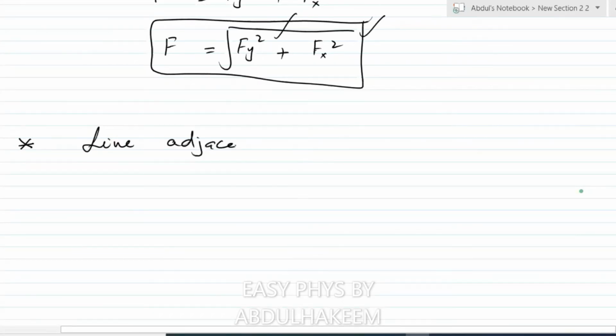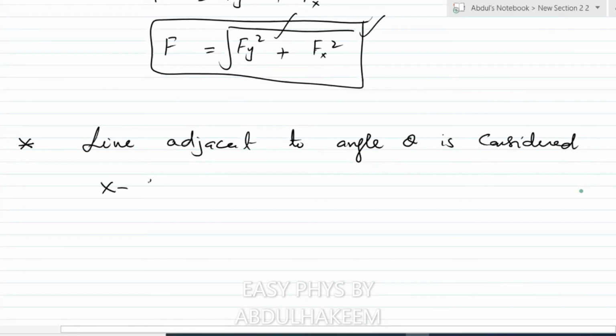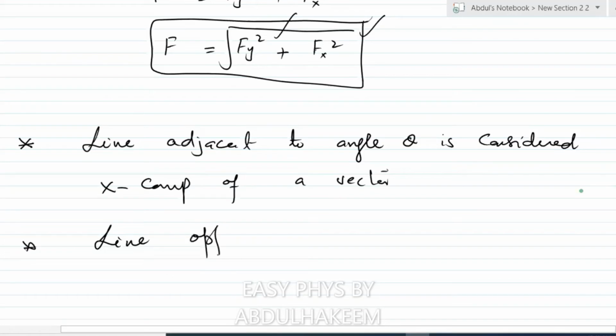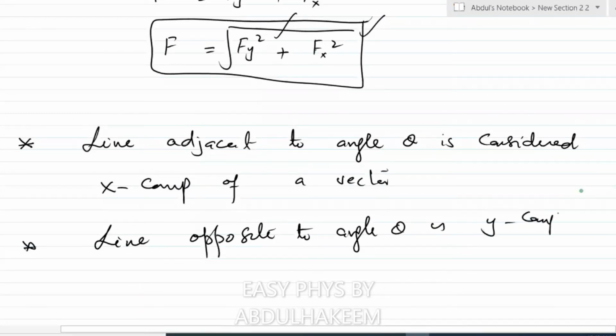The line adjacent to angle theta is considered the X component of a vector, and the line opposite to angle theta is the Y component.